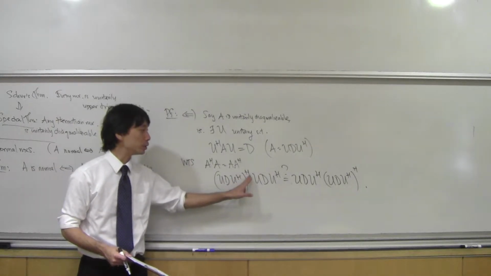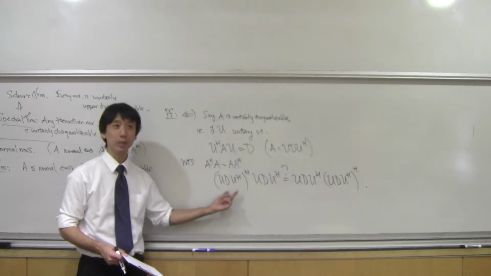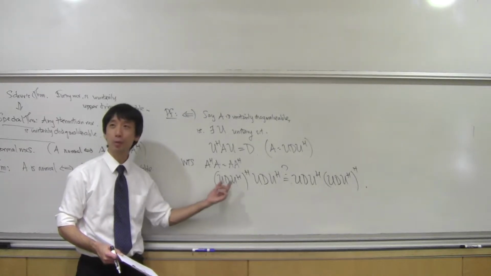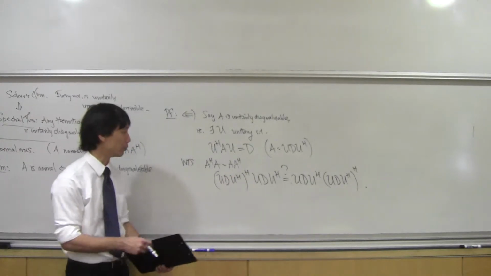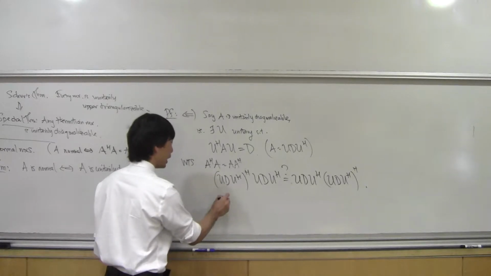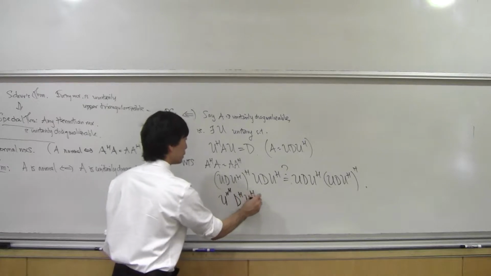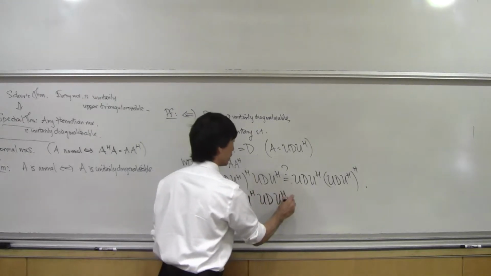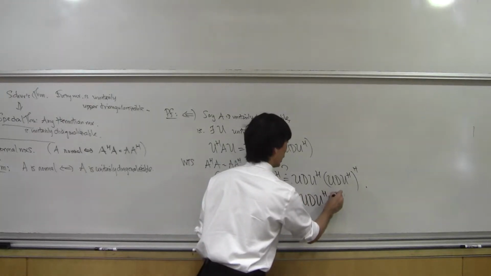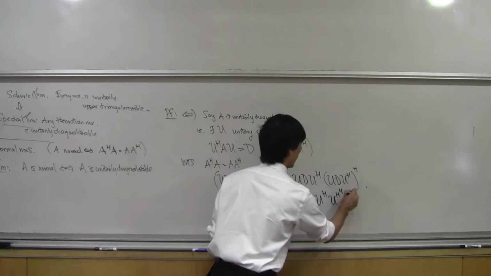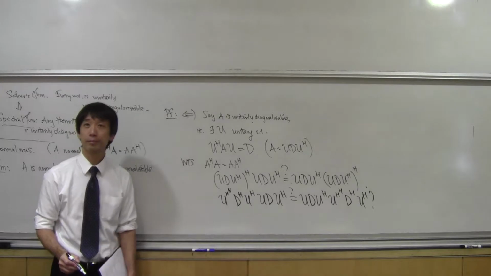When you take the conjugate transpose of a product, you get the product of the conjugate transposes in the reverse order, just like with a transpose. So we get U D^H U^H U D U^H, and we ask whether it equals U D U^H U D^H U^H.